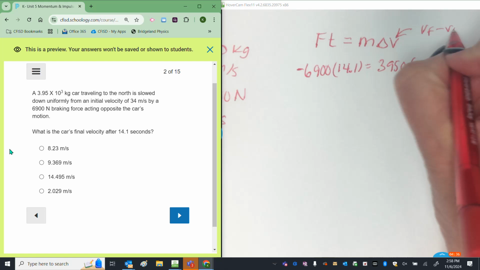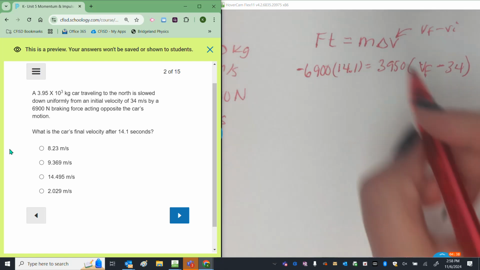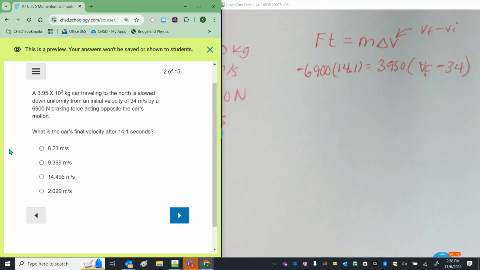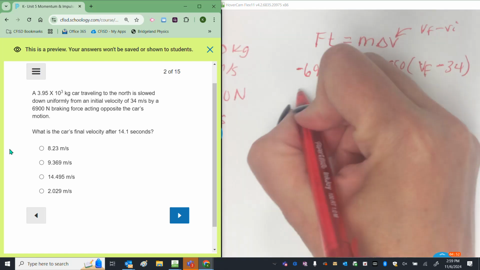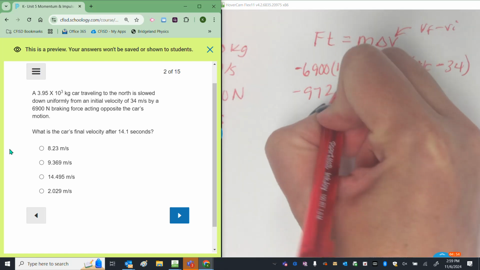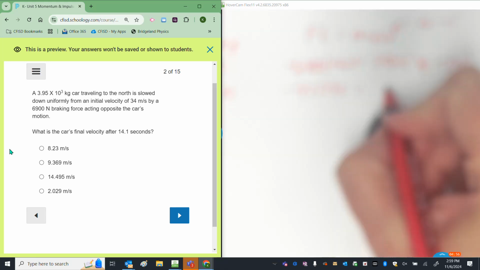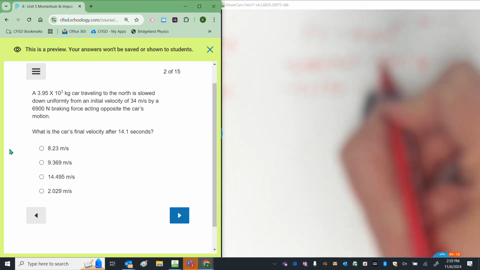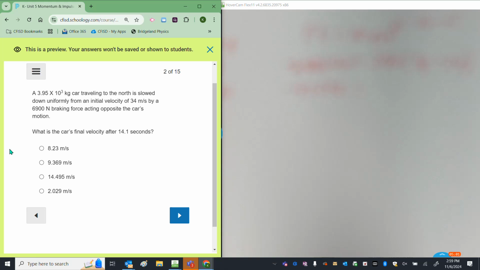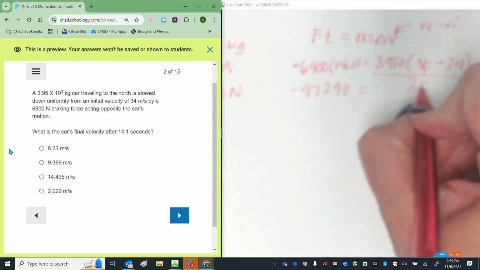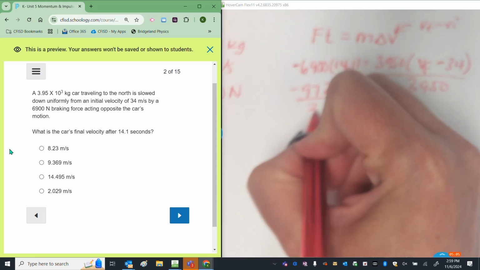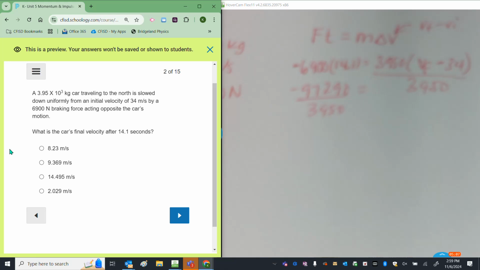So I need to multiply on the left-hand side my negative 6,900 times 14.1, and that's going to be negative 97,290 equals, and over here I still have this. You can distribute it, or we could just divide both sides right now by 3950, which is what I'm going to do.